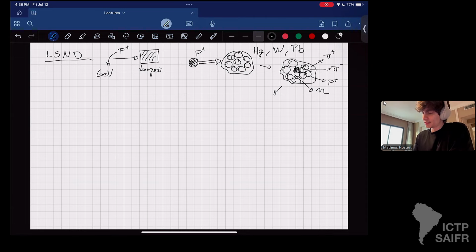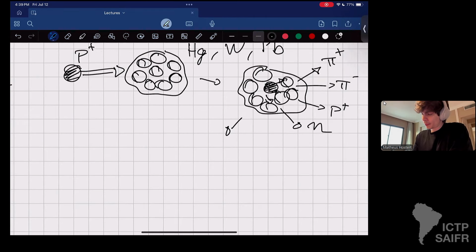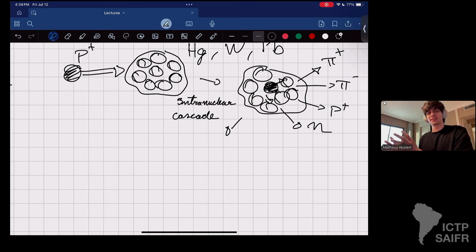And this is called the intranuclear cascade. So this is a from-the-inside-out kind of picture. And then the proton eventually gets absorbed into this thing, or it leaves the nucleus.